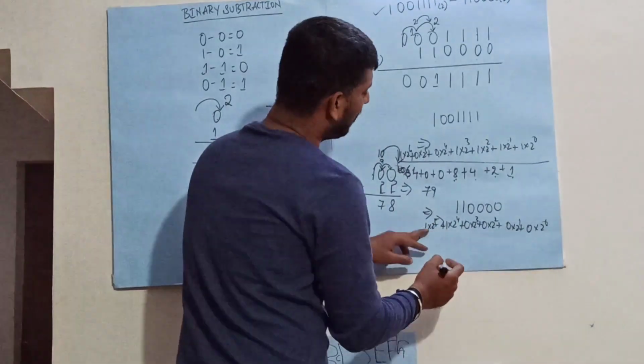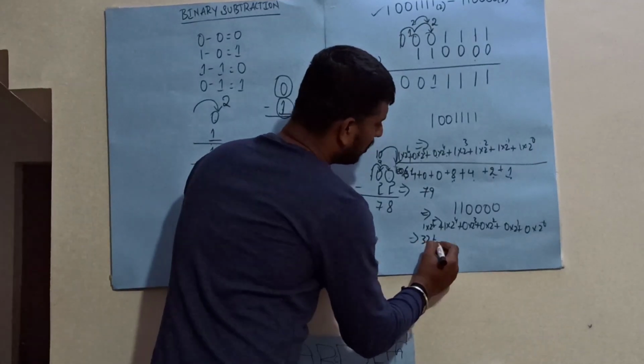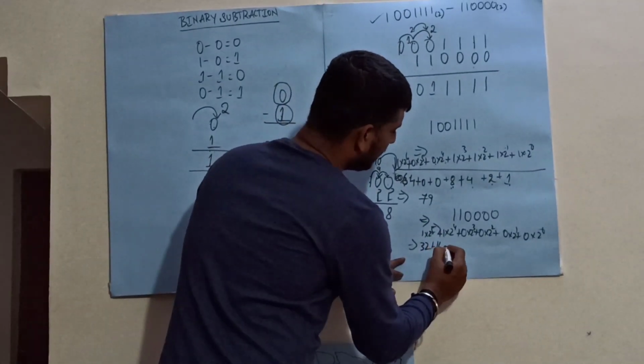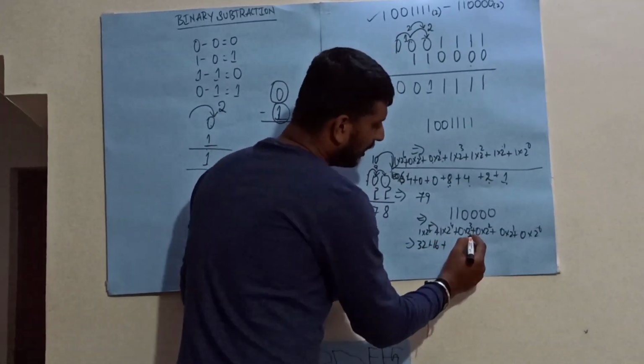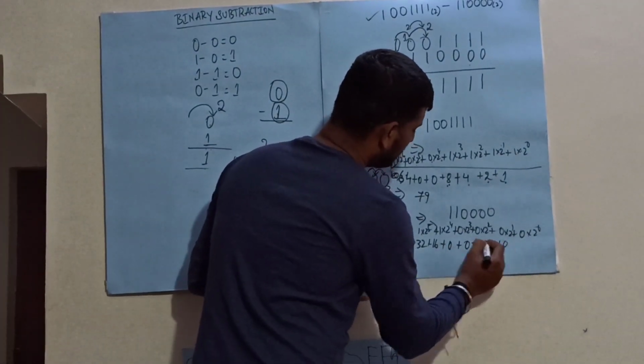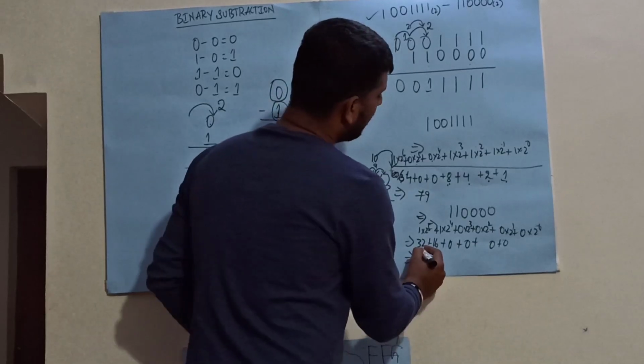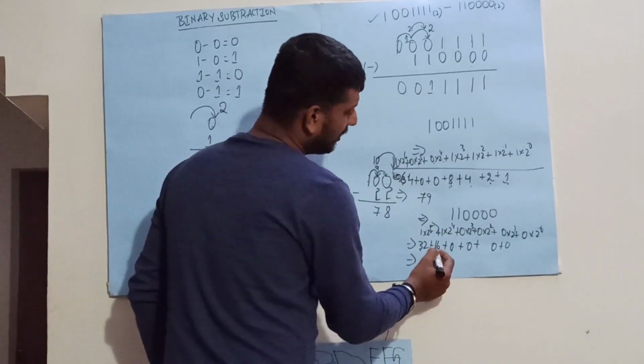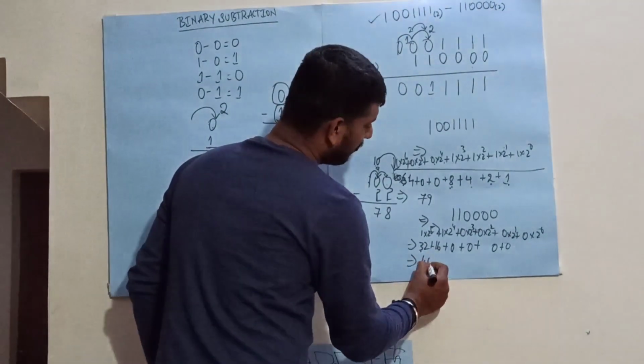So 2 to the power of 5 is nothing but 32. 2 to the power of 4 is nothing but 16. Plus 0 into anything is nothing but 0. So what is the value I got? It is nothing but 32 plus 16, which is 48.